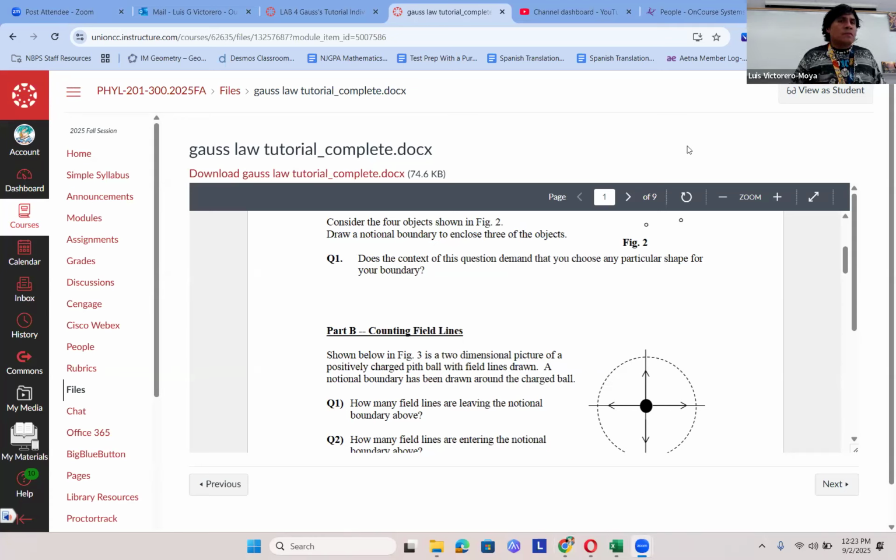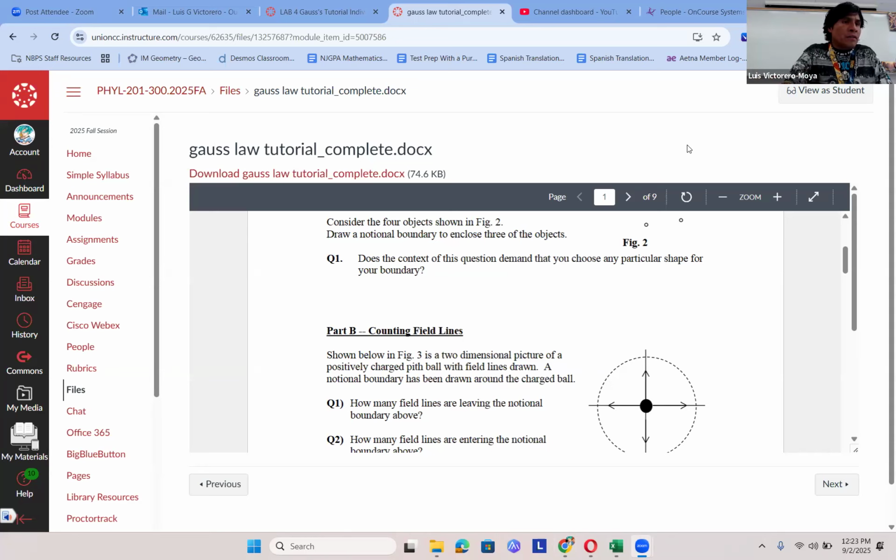Just like the previous or the first two labs, this one is going to be more like a reinforcement sort of lab or session where you're going to be answering questions that you are going to be going over in the lecture.